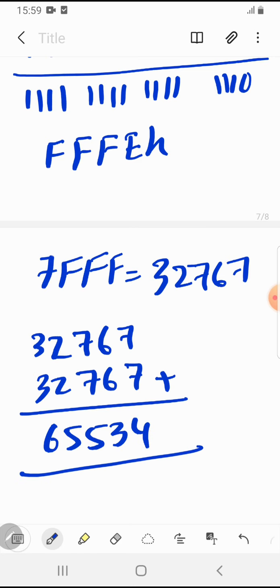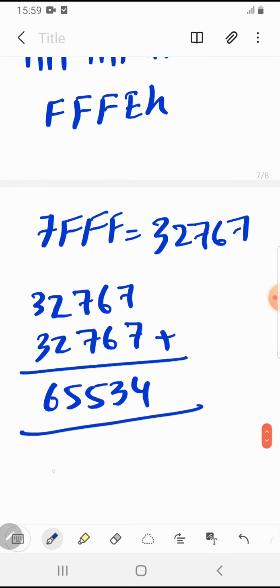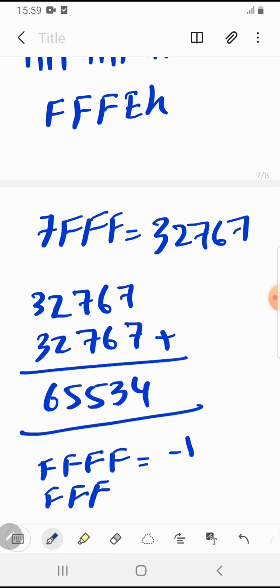Fine. This is out of range of the signed numbers, as the signed interpretation of the stored answer is -2. Why? Because F is equal to -1, and if you subtract 1 from it, you will get FE, which is equal to -2.